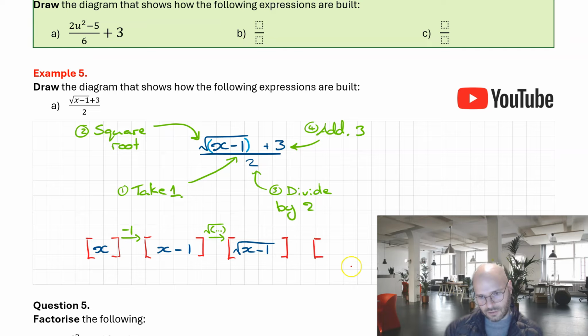Next operation, we're going to add 3 to that. And then finishing this all off, square root of x take 1 plus 3 is going to be divided by 2 to give us square root of x take 1 plus 3 all divided by 2.